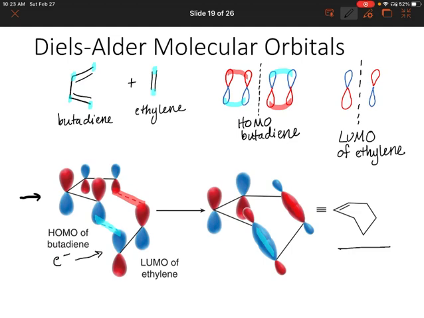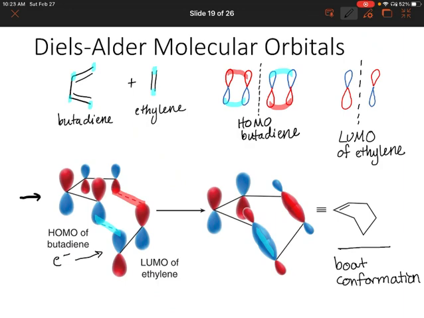Normally we see cyclohexane in a chair conformation, but this is actually a boat conformation. It kind of looks like a boat that's upside down.